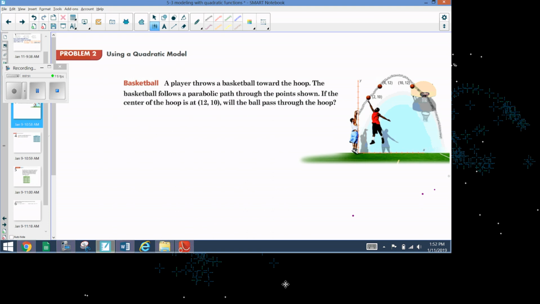But let's assume that nobody touches it, it's going to be a parabola, all right? So the question is, the coordinates of the rim is 12, 10. Is he going to be able to score it or not? That's the question.